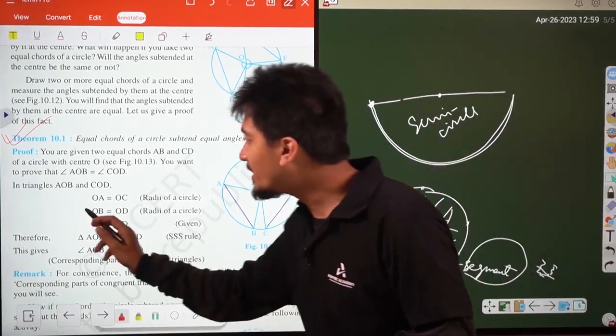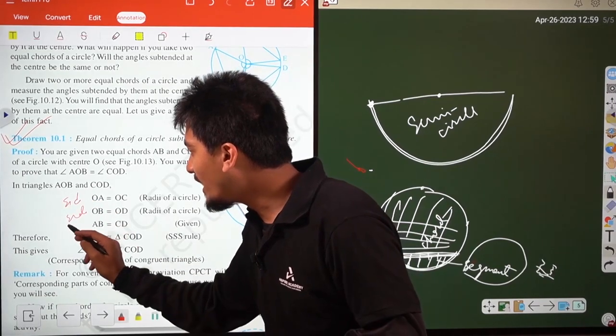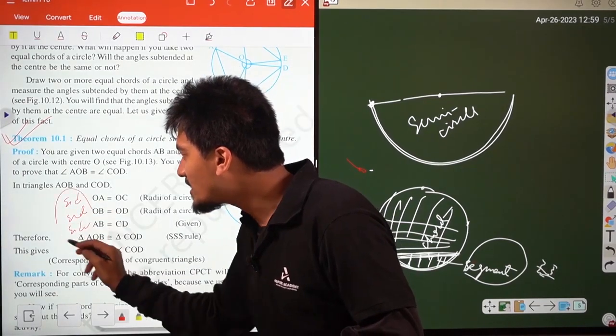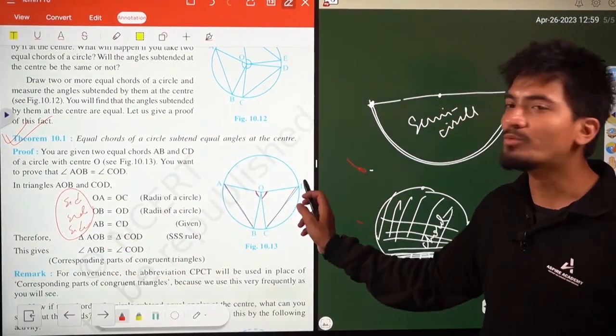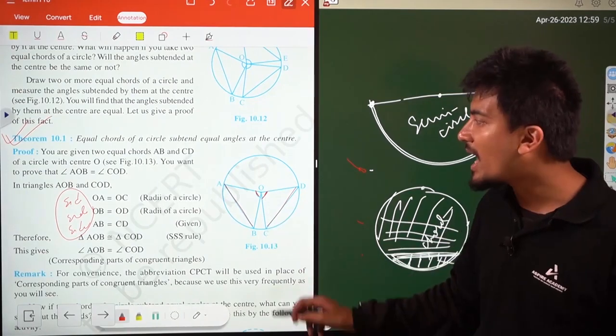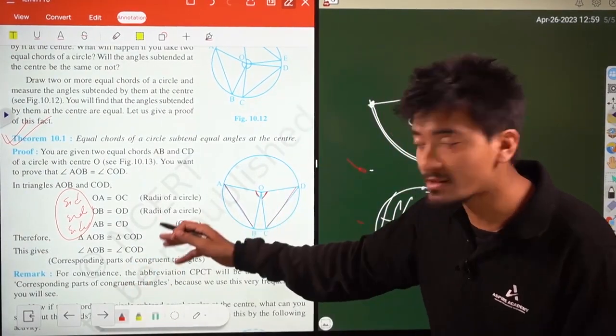So what criteria do we have? This is side, and again this is side. So that means the side criteria. These two triangles AOB and COD are congruent by which criteria? The side congruence criteria, right?